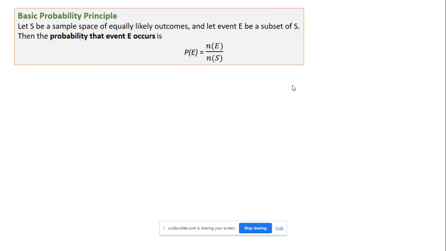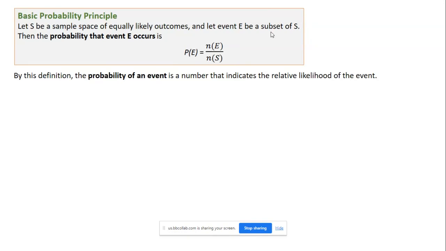Probability will never be a whole number unless it's 1. Probability only lives between 0 and 1. These are fractions. So whenever you're doing homework and calculating a probability and you get a value greater than 1, we've done something wrong, because probabilities are only fractions and they live only between 0 and 1.